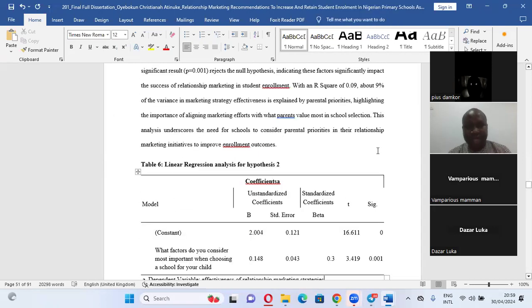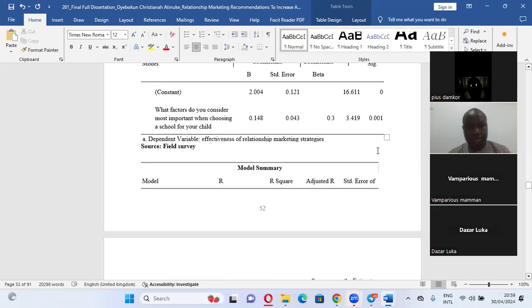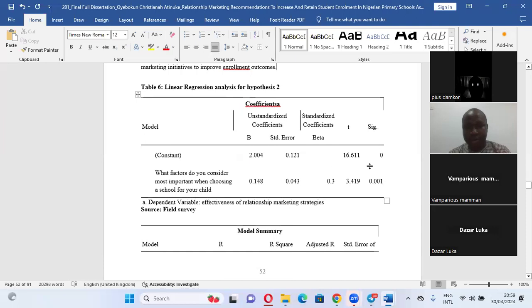So the second hypothesis, regression analysis was used. Okay. All right. So you can see now the significance is 0.001. This is far lesser than 0.05, which means that it is significant.